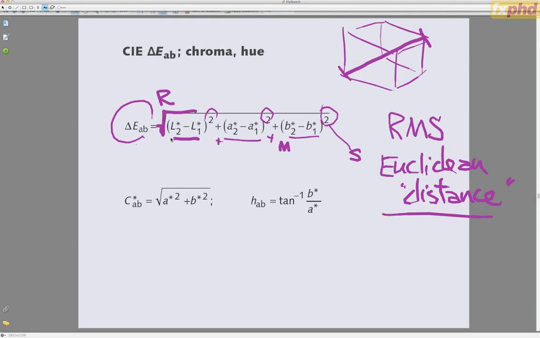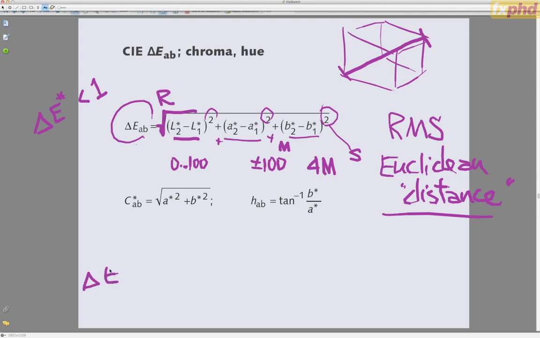And L stars range from 0 to 100. A star and B star range plus minus 100. I've explained that if you multiply all those out, there's about 4 million colors. And a delta E star of less than 1 cannot be seen by anybody.